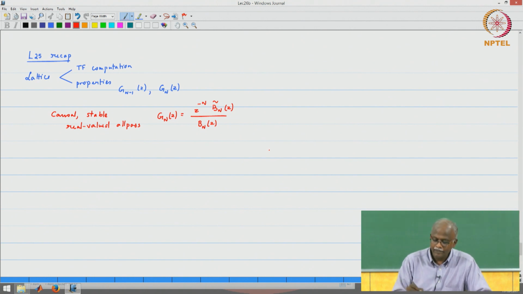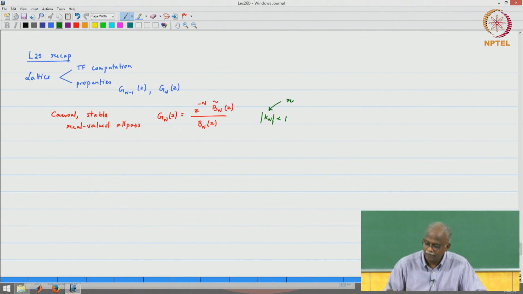And in the lattice we enforce the condition that mod Kn is less than 1, to ensure stability. Of course we also said that Kn will be real valued.